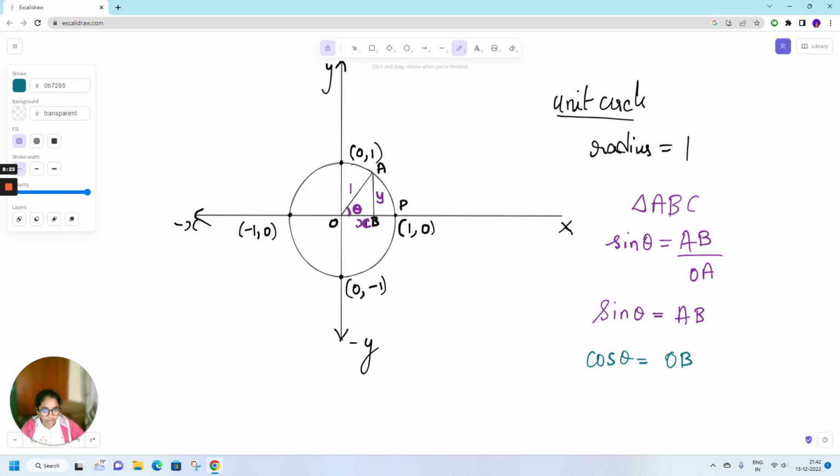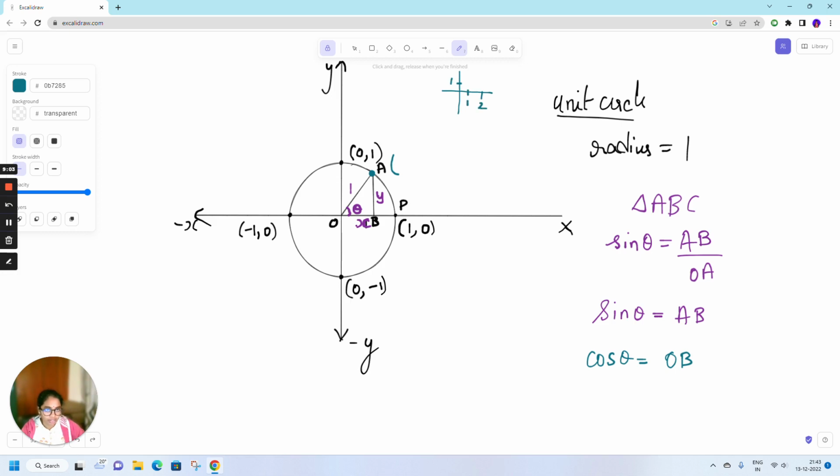If I have to write the coordinate points at A, I would write the distance of x and the distance of y. Now for example, if I have x and y axes, say I have 1 and 1, 2.